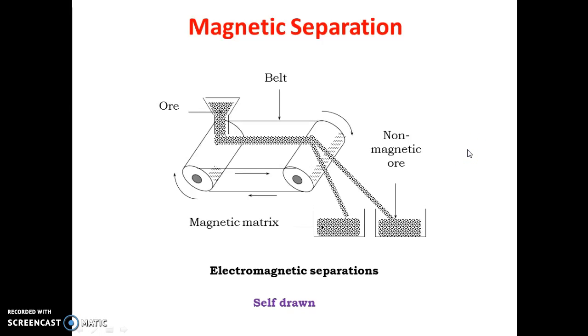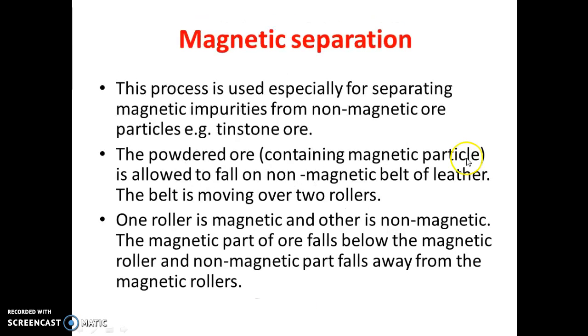One roller is magnetic, the other is non-magnetic. The magnetic part of the ore falls below the magnetic roller and the non-magnetic part falls away from it. So we have discussed three important methods here: gravity separation, froth flotation, and magnetic separation.